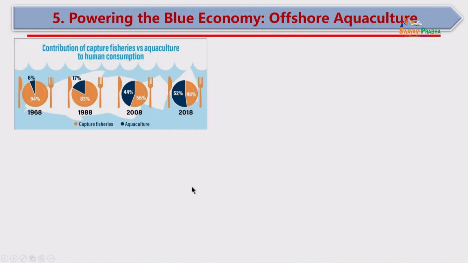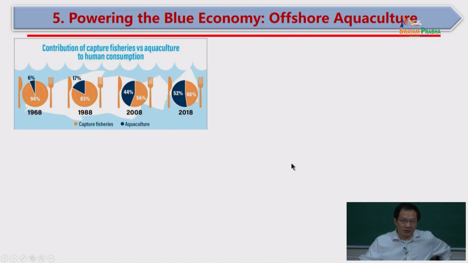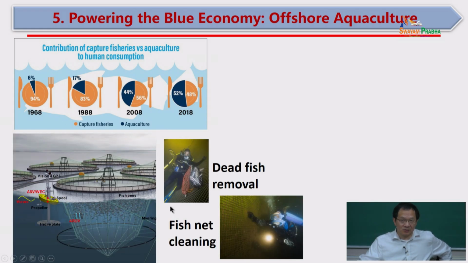The fifth sample project is aquaculture. Nowadays, more and more seafood comes from aquaculture, not wild-caught from nature. We did a survey of aquaculture companies, and they gave us feedback on the two most important things they need.